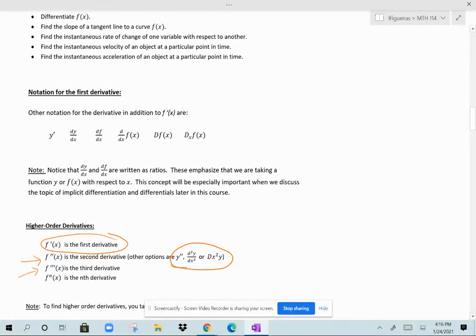Third derivative, and anything higher than 3, you would be writing a little number in the upper right-hand corner. So for example, the fourth derivative would be written like this, or sometimes they put it in little parentheses. That would mean the fourth derivative of f of x.